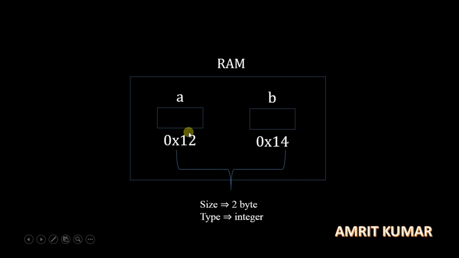So a is recognized with the 0x12 address and b with the 0x14 address. Because it is of type integer, its size will be 2 bytes. So this was all about the naming convention of variables.